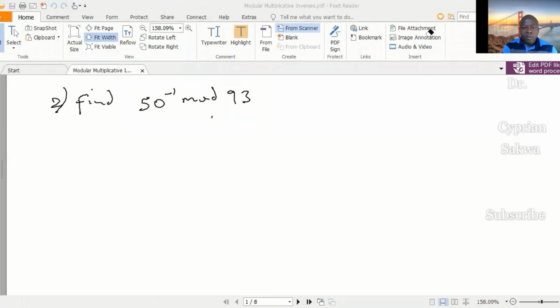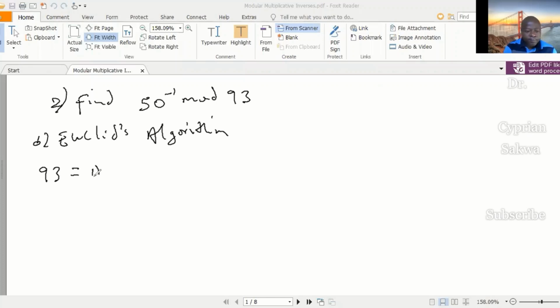So Euclid's algorithm: 93 divided by 50. 50 goes there once, and the remainder will be 43. 43 into 50 goes once, and the remainder will be 7.